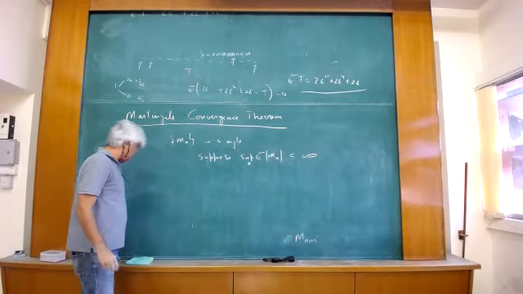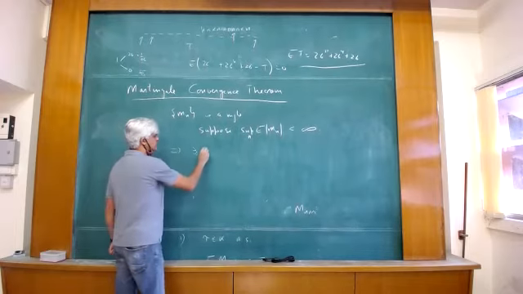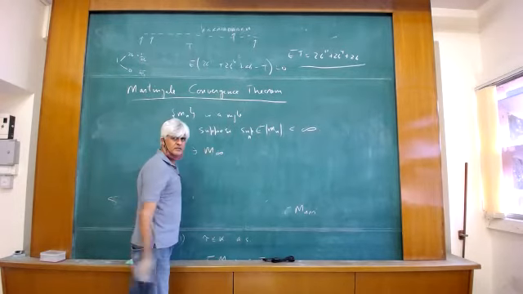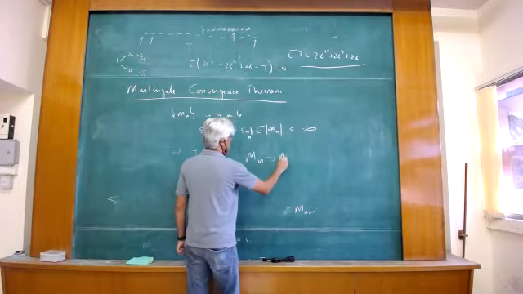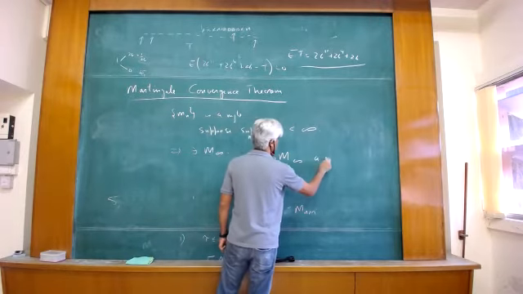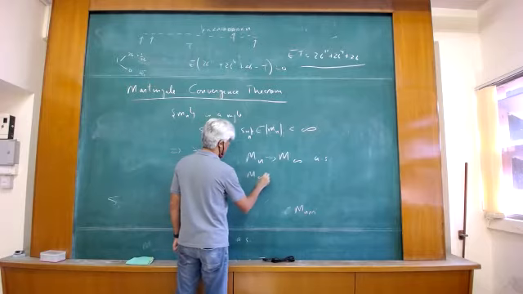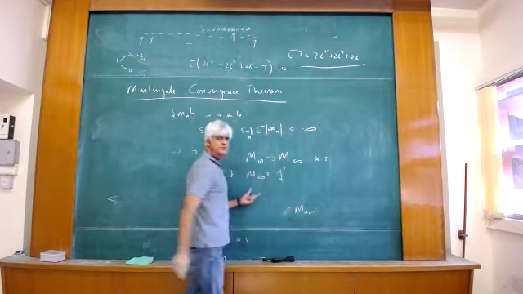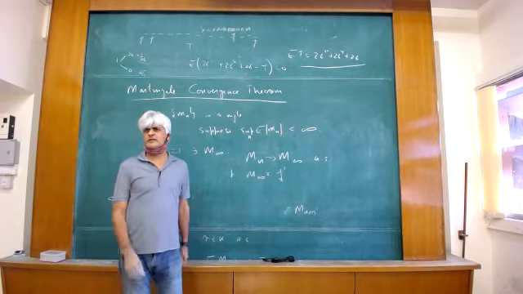The theorem implies that there exists a random variable M infinity such that Mn converges to M infinity almost surely. And M infinity is in L1, meaning the expected value of the absolute value of M infinity is finite. That's the theorem.